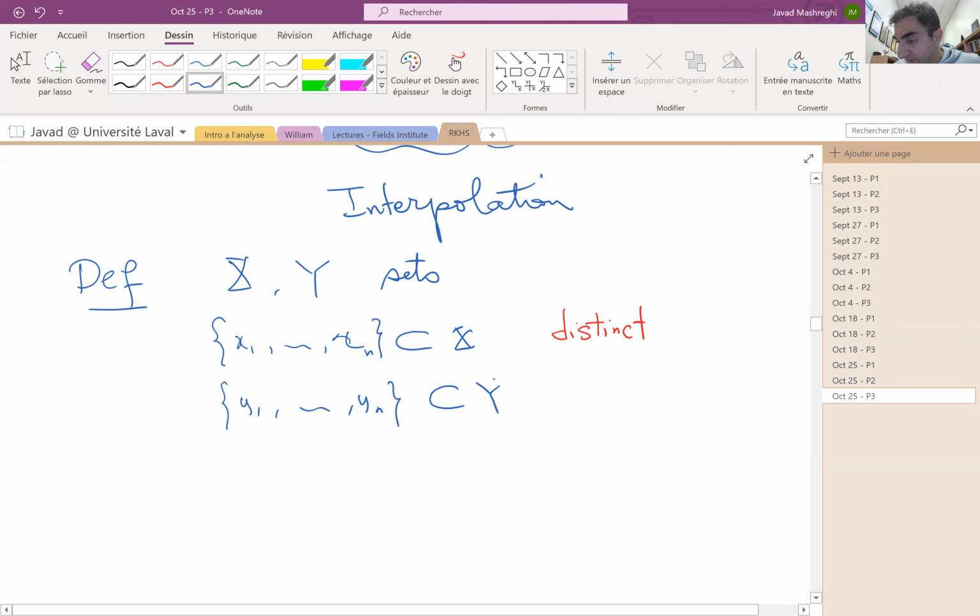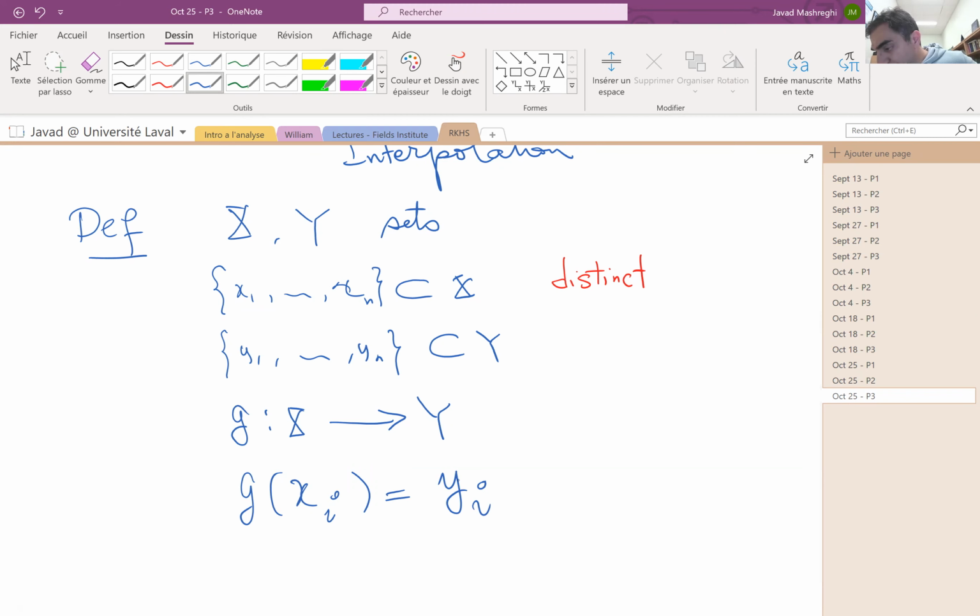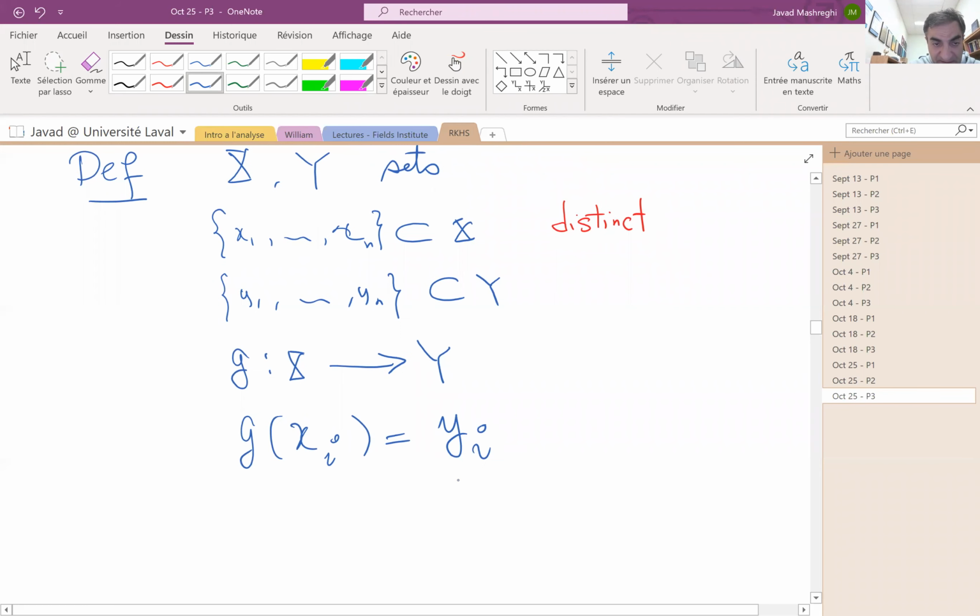They can be repeated. A function g from X to Y such that g of xi is equal to yi is a function that we are looking for. And the technical term that we use, we say that g interpolates these points.